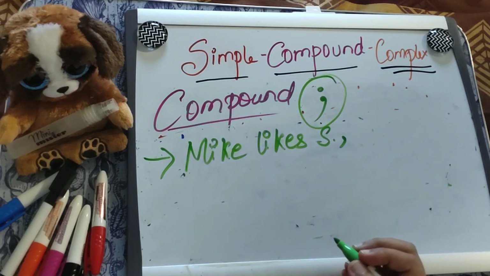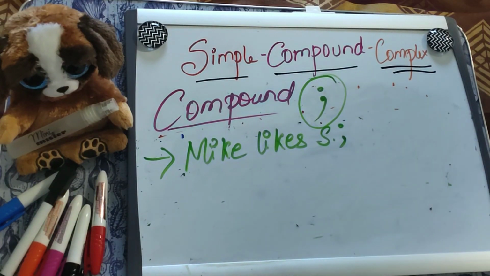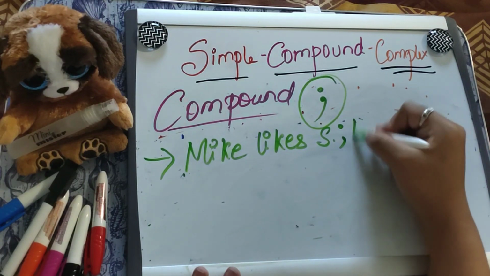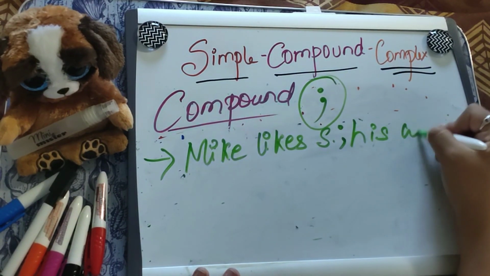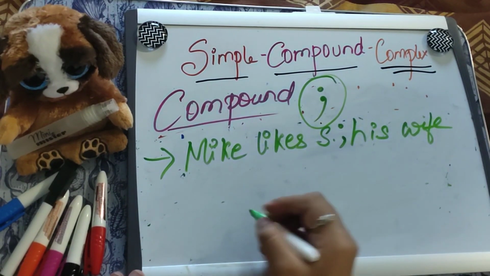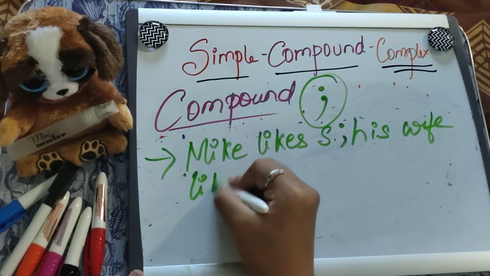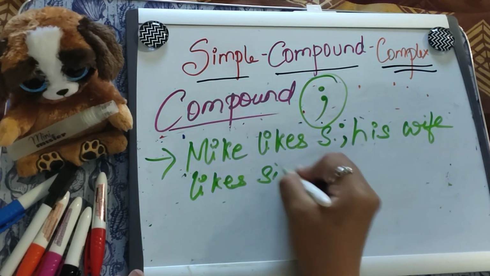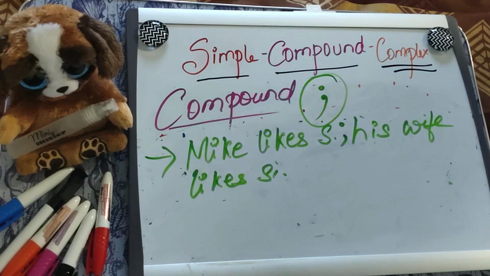And then we add a semicolon and say his wife likes singing. So we have used the semicolon, the fanboys, and conjunctive adverbs in order to show different structures for a compound sentence.